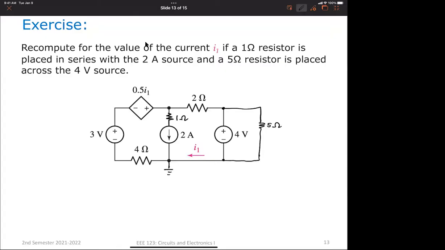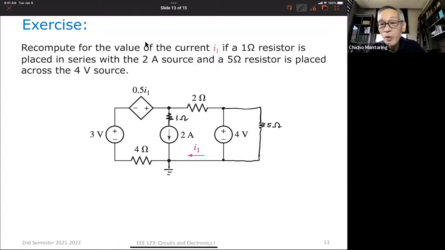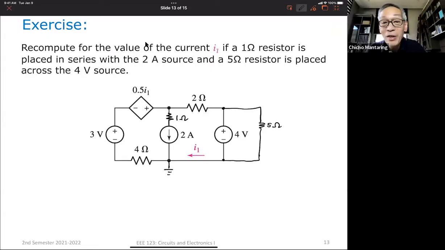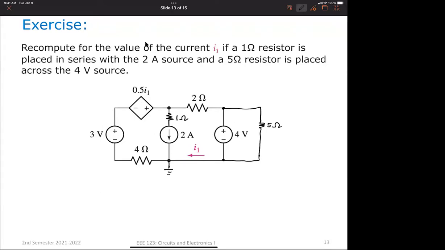Ang magbabago lang po is yung sa side ng 2 ohms. Mama-minus po yung V of X. Kunwari po, V of Y yung sa kabila po ng 2 ohms. Magiging V of X minus V of Y over 2 ohms po. Pero 2 ampere pa rin po yung pababa po niya.